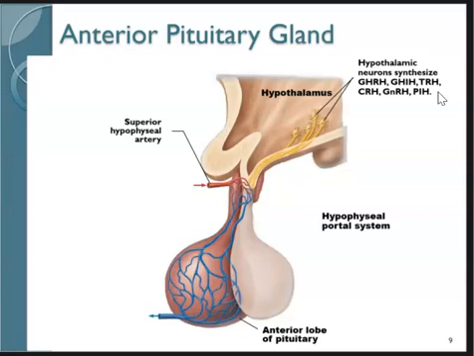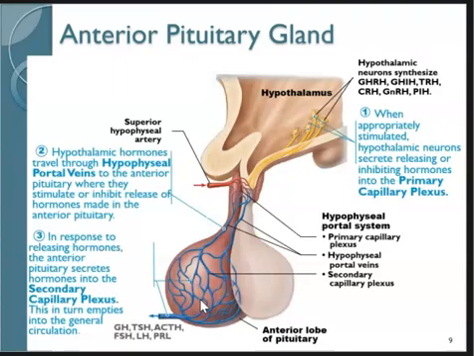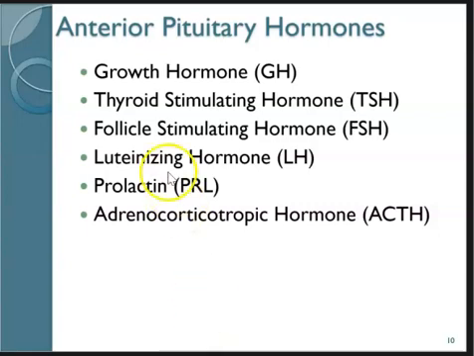In them, that hormone is not released, and when this hormone is not released is when the anterior pituitary gland produces prolactin. Okay, so let's talk a little bit more about these hormones, the anterior pituitary hormones.